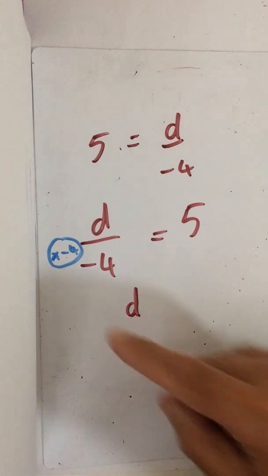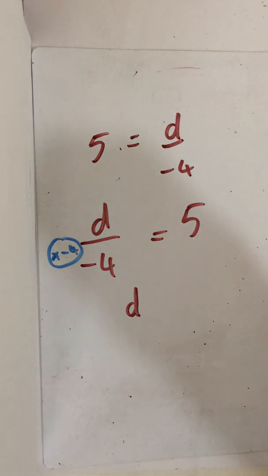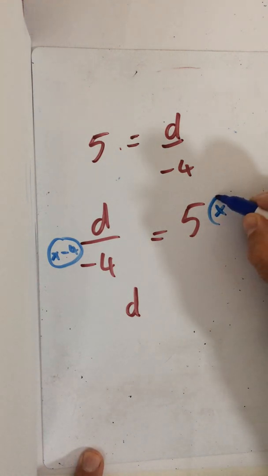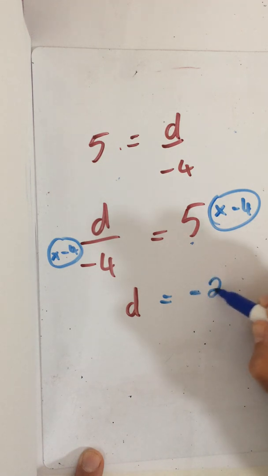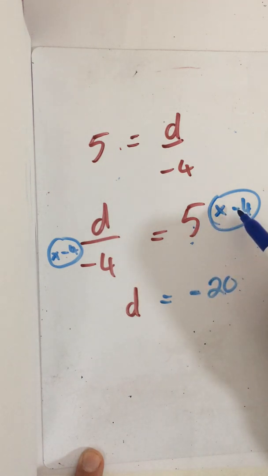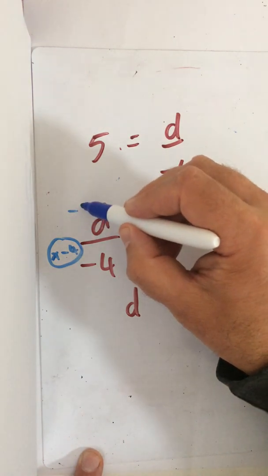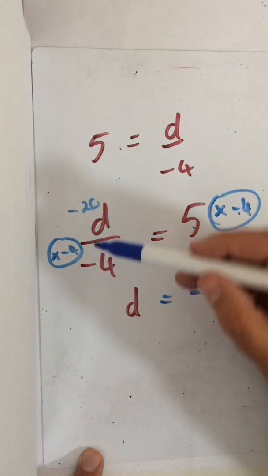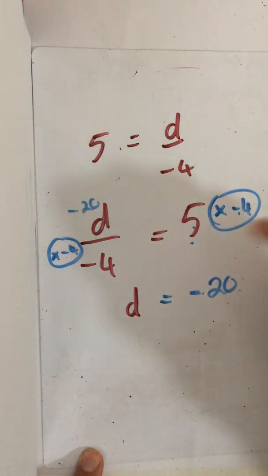Because I've timesed that side by minus 4, I have to do the same and times this by minus 4. 5 times minus 4 is equal to minus 20, because a positive times a negative will give me a negative number. And let's just check if that's correct. Minus 20 divided by minus 4 is 5, because a negative divided by a negative gives me a positive.